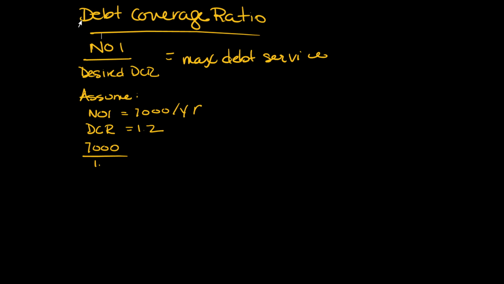So using our formula then, if we've got net operating income projected at $7,000 per year, then $7,000 is our NOI divided by the 1.2 desired debt coverage ratio would give us a maximum debt service of $5,833.33.